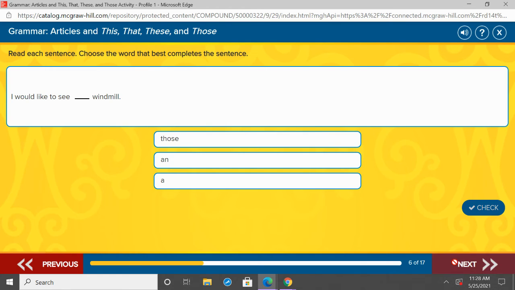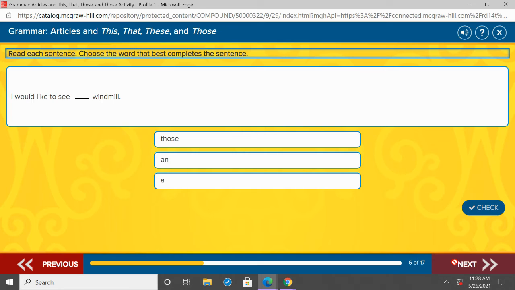Fantastic. All right, 2nd grade. So I'm going to challenge you guys to do this one. So listen to the sentence as I read it. I would like to see blank windmill. So I want you to think, are we singular or plural here? Windmill, singular or plural? And then when we use those, and, or a, I want you to go ahead, and if you need to pause me and think about it, go ahead.